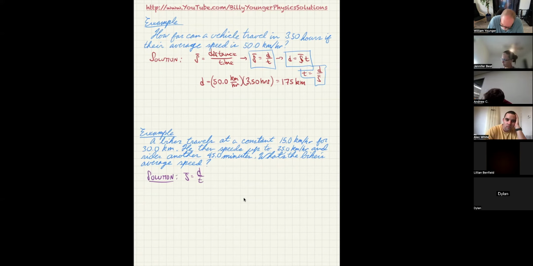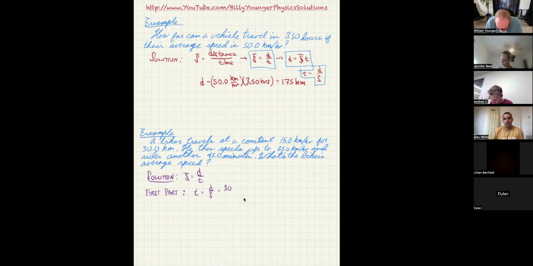So for the first part, what we can figure out is how far did the thing travel. It says a biker travels at a constant 15 kilometers per hour for 30 kilometers. So we actually know the distance there, but we don't know the time. In order for us to calculate the average speed, we need the total distance and the total time. So I'm going to need the time there. So if I solve for time, I get time is equal to distance divided by average speed.